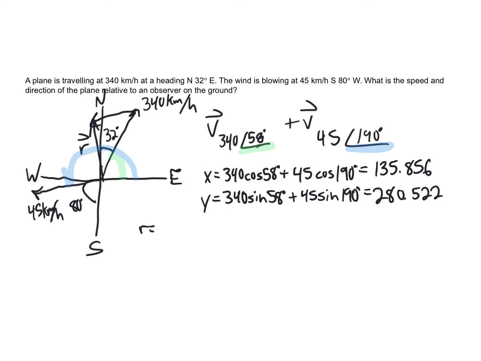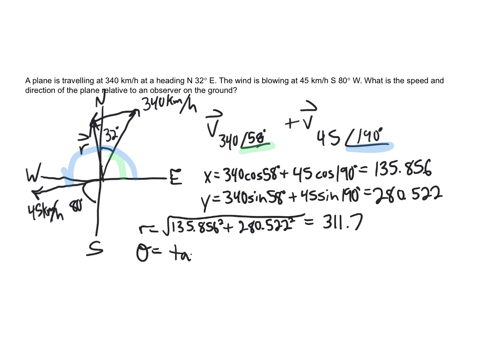Find your r, giving us 311.7. Find your theta, which is 64.2 degrees.